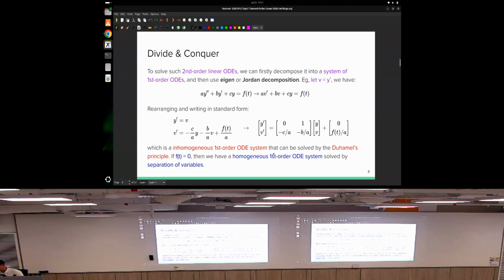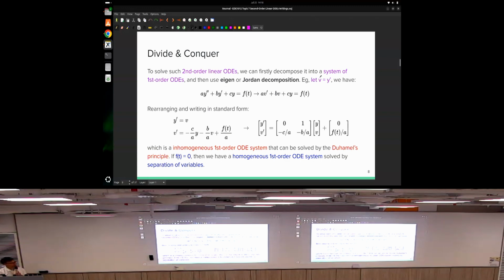So how clever is that? Basically we convert the problem that we don't know into something that we already know. So here comes the approach. It's called divide and conquer. Now look at the second order ODE. But we can just let y prime, this prime term, be something else.